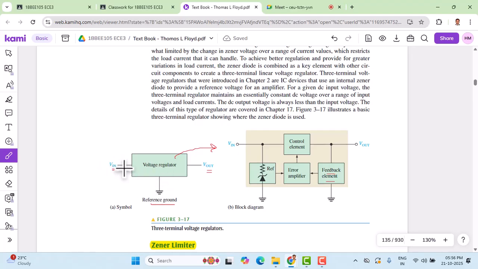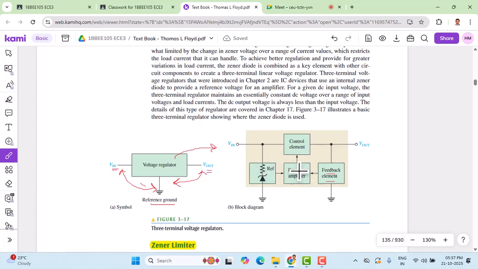We apply the input voltage with reference to ground here, and we measure the output, V out, with reference to ground here. Since this is available in integrated circuit form, its internal blocks are as shown here. Here we have a Zener diode followed by a resistance, which is connected across it.